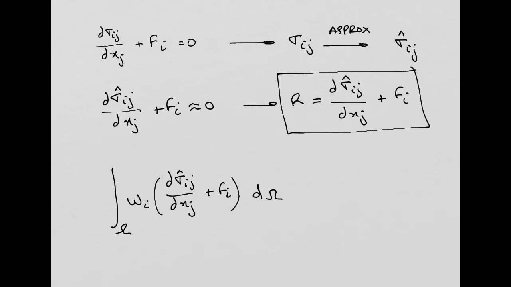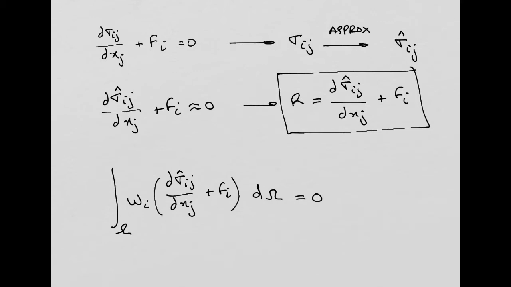This is my weighted residual, and I'm going to say that this needs to be equal to 0, because again the idea is to get this residual as close to 0 as possible, and for every single point of our domain. If you are not following what I'm saying, I recommend you see the previous sessions that you have on YouTube. We talk in detail about this weighted residual, okay?